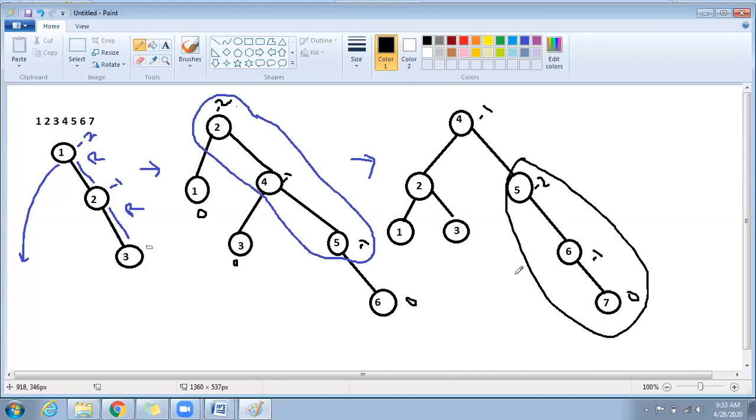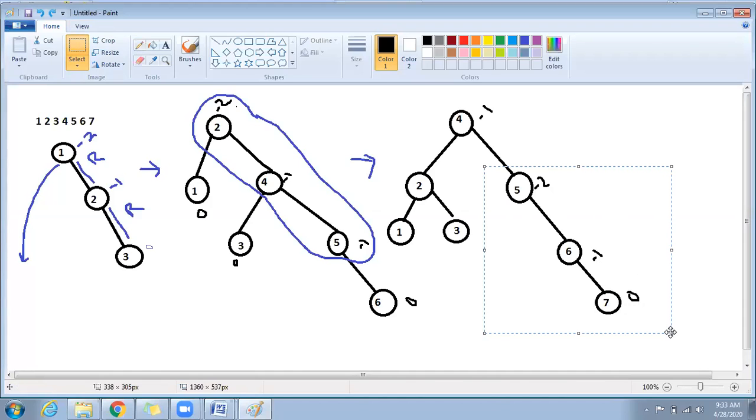So what will happen? 6 will become the root node, 5 will become the left node, and 7 will become the right node. That's it. Keep that in mind, guys.